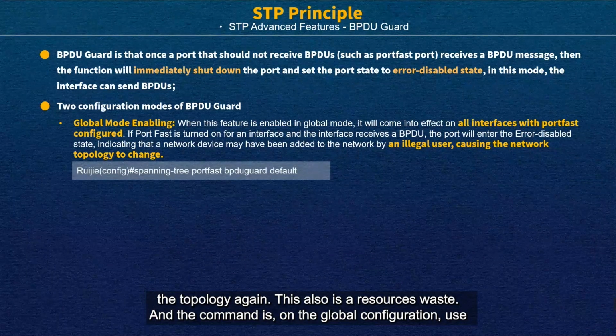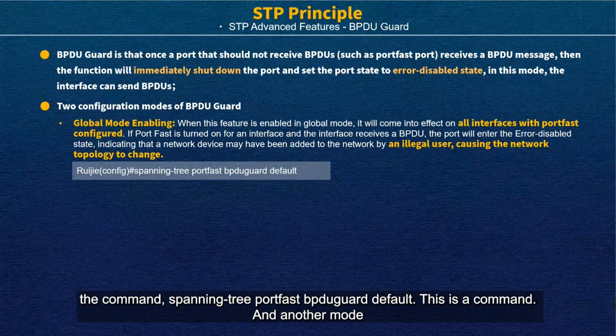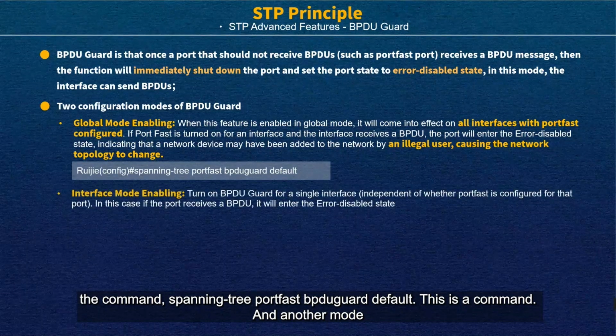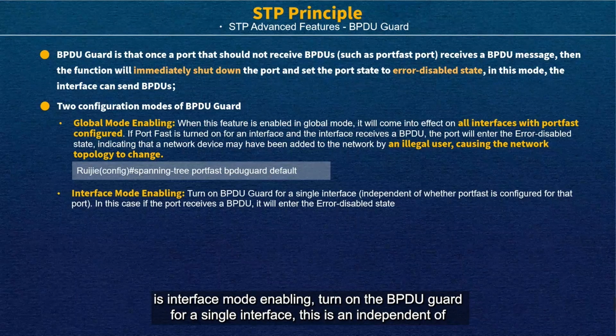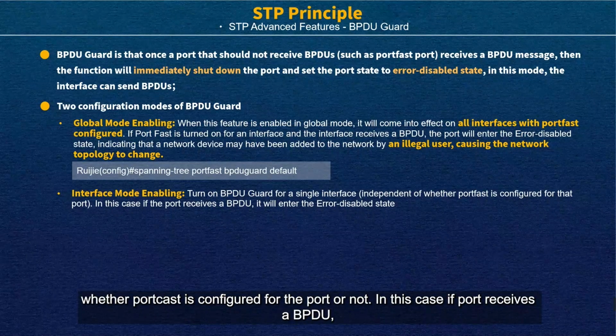And the command, in global configuration, is spanning-tree port fast bpduguard default. This is a command. Another mode is enabling it in interface mode, which turns on BPDU guard for a single interface. This is independent of whether port fast is configured on the port or not.